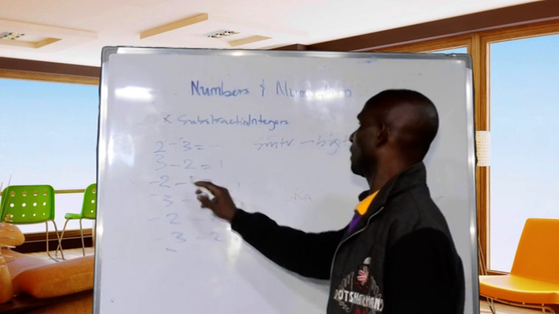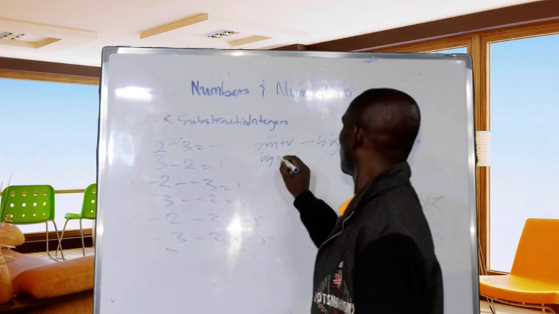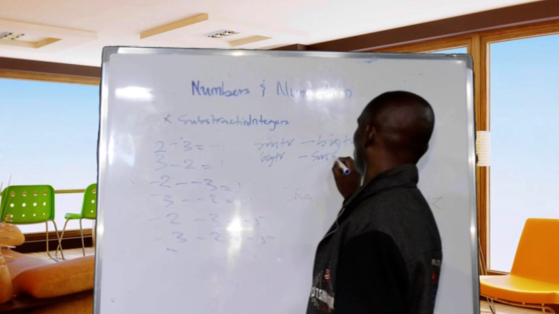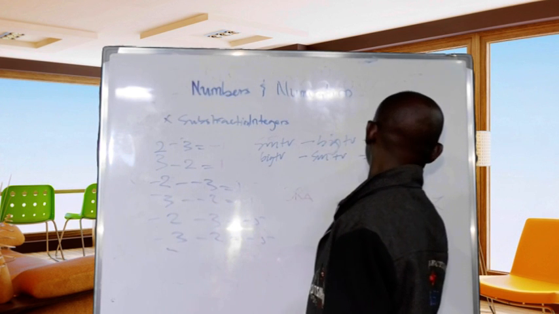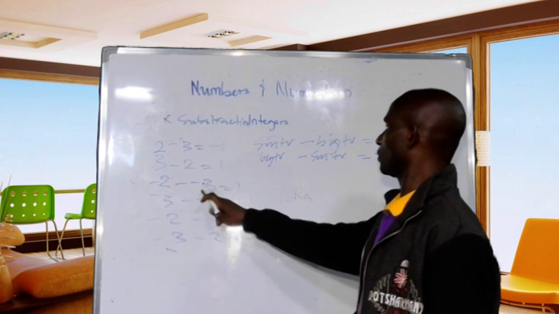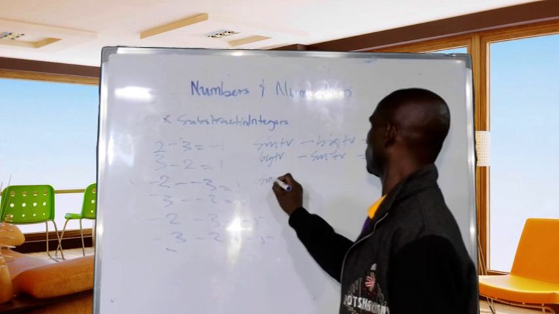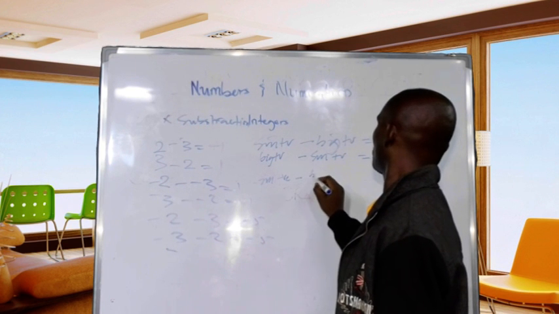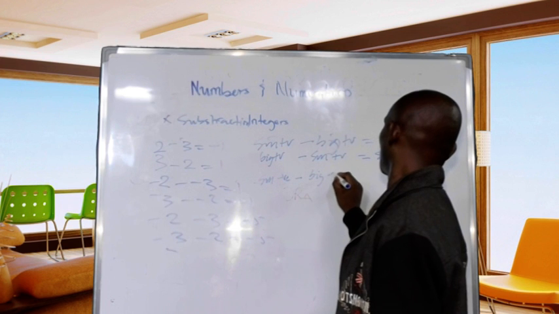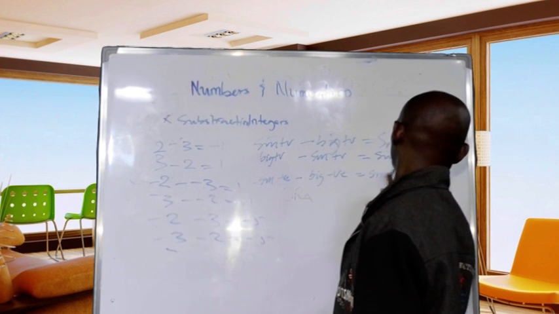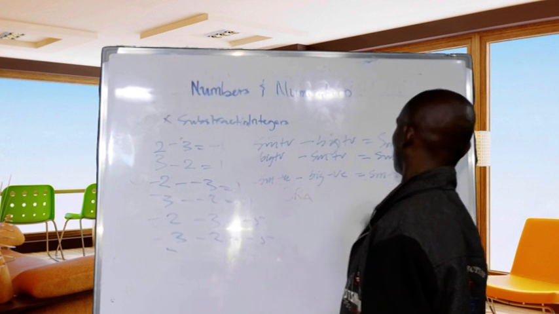The next one is a big positive minus small positive. We have small positive. This one says small negative minus big negative is equal to small positive.